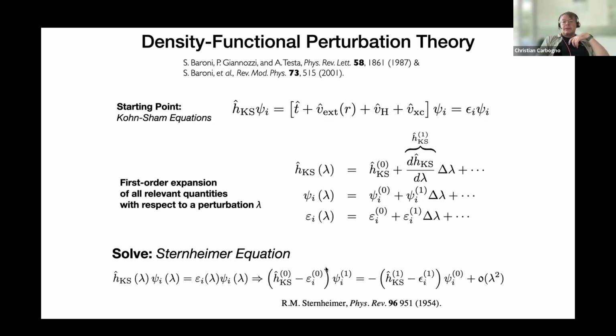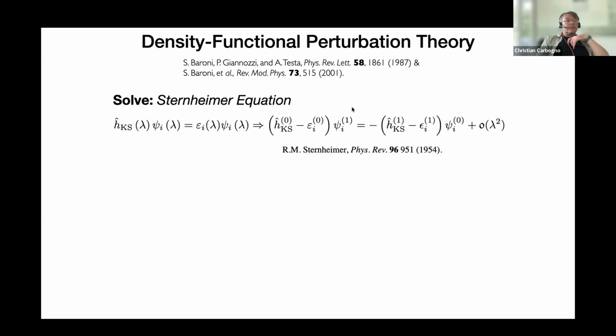Look carefully. So now we have basically the original Kohn-Sham Hamiltonian and eigenvalues here. Here we have the perturbation. This basically couples to the actual original wave function. Here we have the response or the derivative of the wave function.